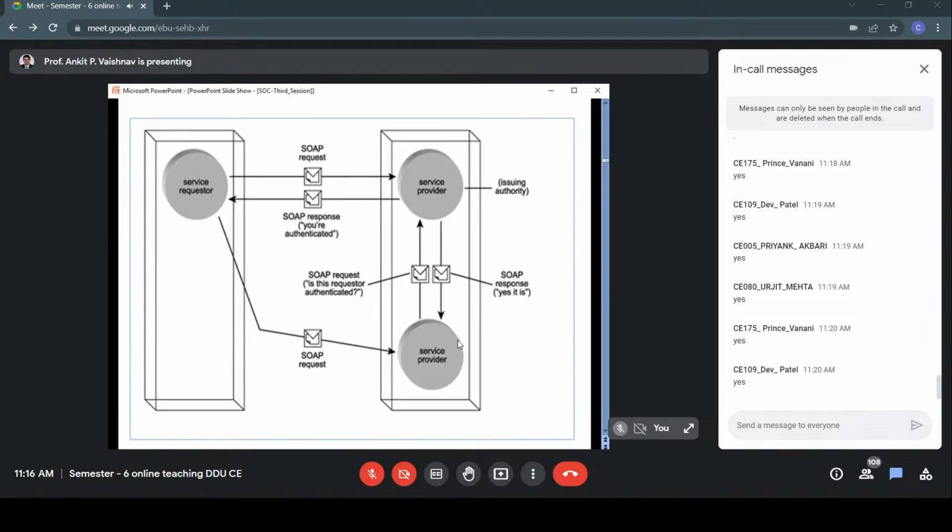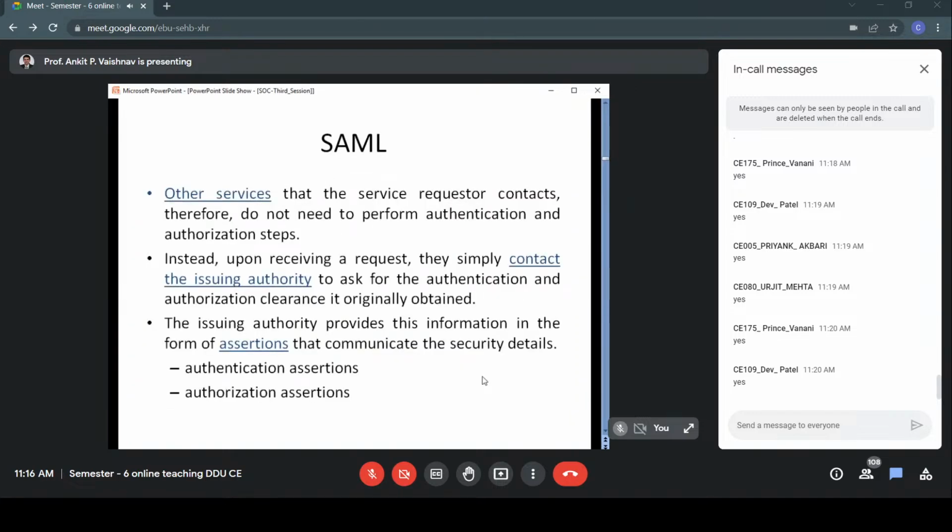You do not have to repeat this process, so the number of messages exchanged between requesters and providers would be reduced afterwards. Initially, there will be a high amount of messages exchanged, but later on it is not required. So this is all about the single sign-on concept.